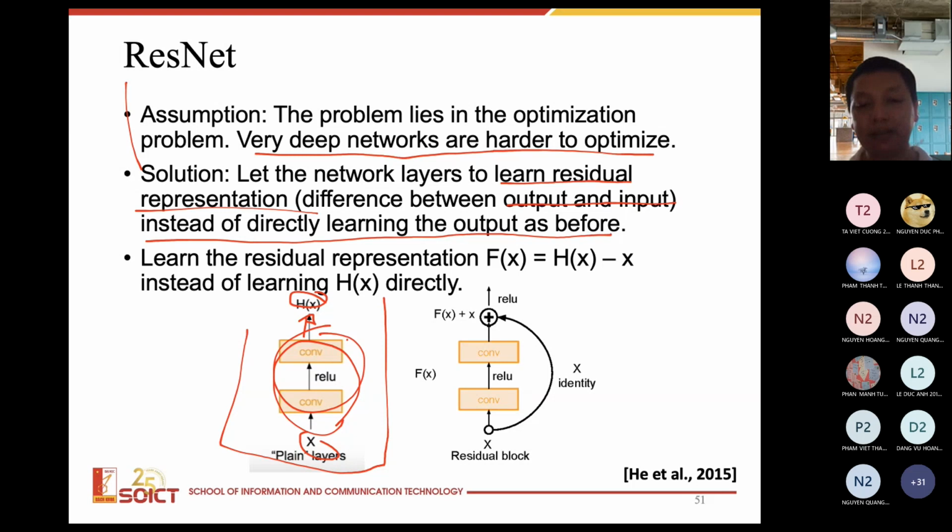In the ResNet case, you have the shortcut from the input to the output, and in this case you somehow force the model to learn the difference between the output and the input, right?